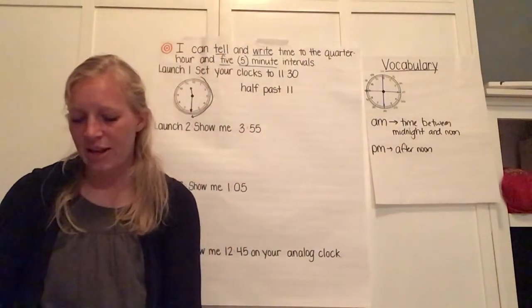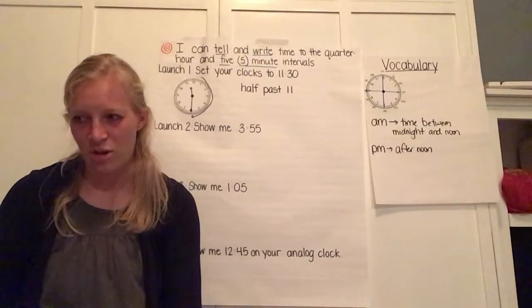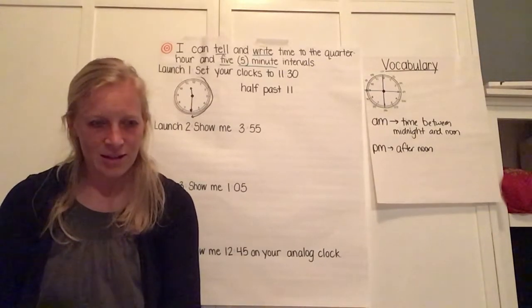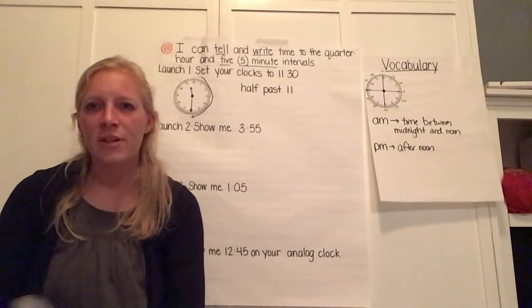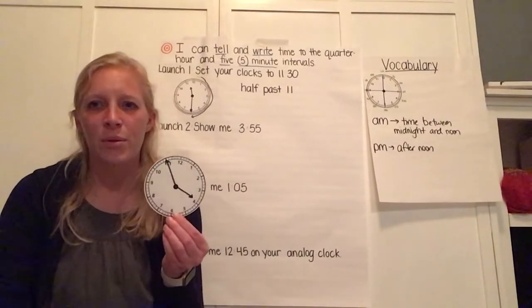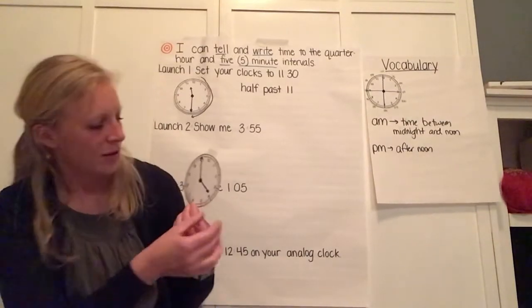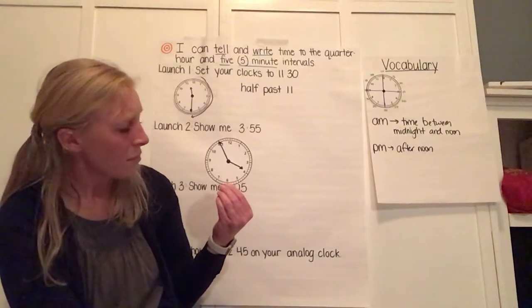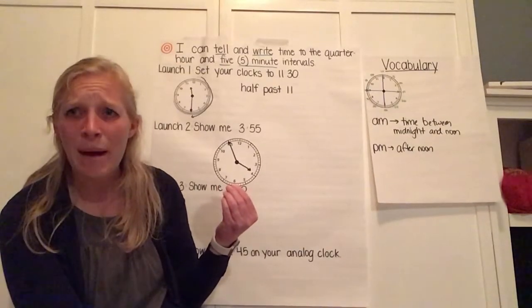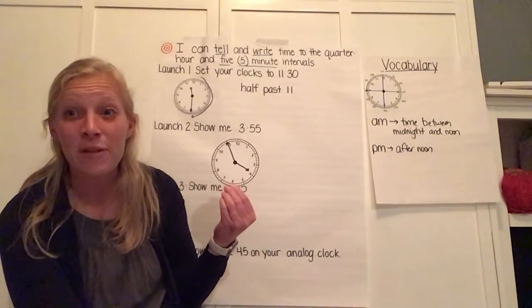All right, friends, let's take a peek at what this looks like. You want to show me your clocks? 3:55. Ooh, all right, my friends. Make sure I'm holding this up the right way. Where is my minute hand in 3:55?